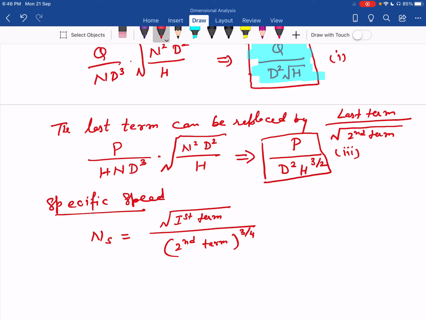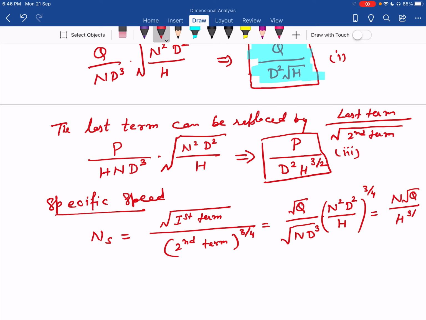So this comes out to be q under root of n d cube into n square d square upon h raised to power 3 by 4. So this becomes equal to n under root of q h raised to power 3 by 4. This term.